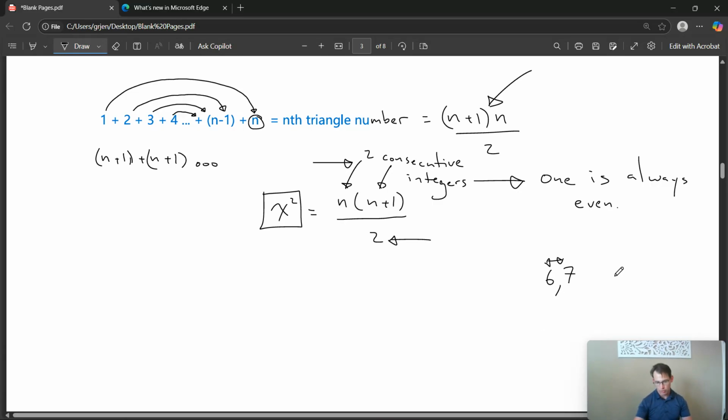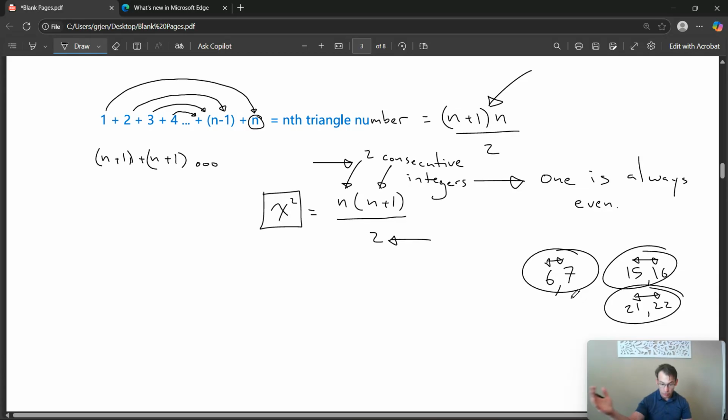They never share factors. 15 and 16 share no factors. 21 and 22, of course, they're always coprime. So that's another thing we want to think about for how we're going to search.